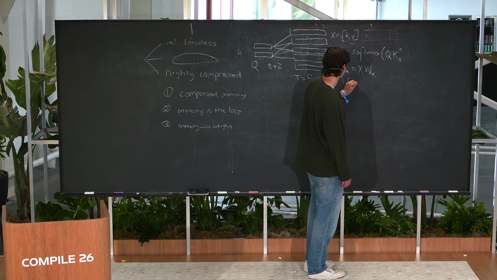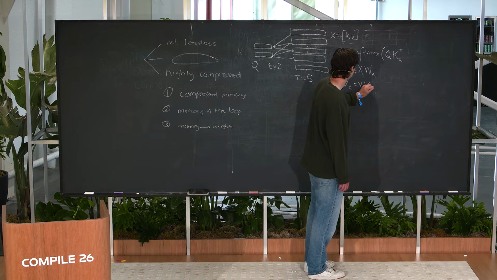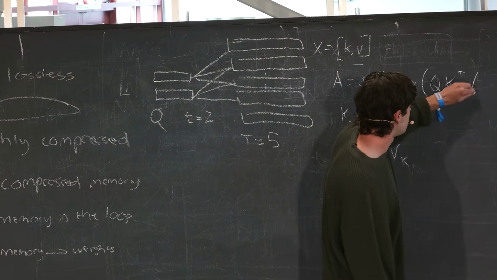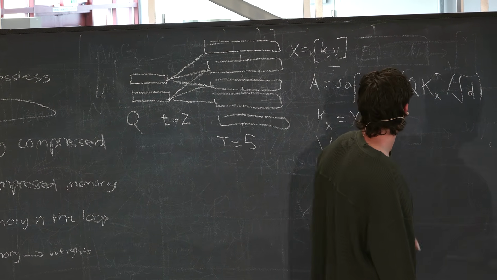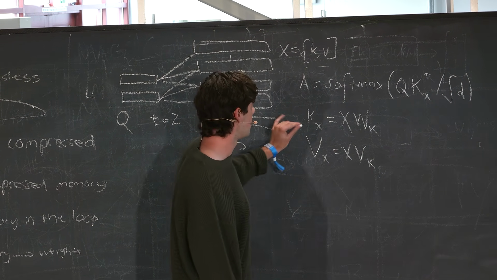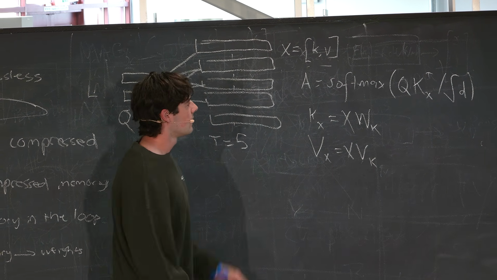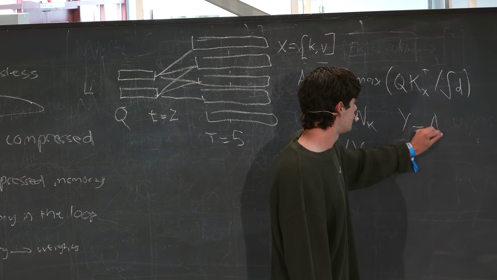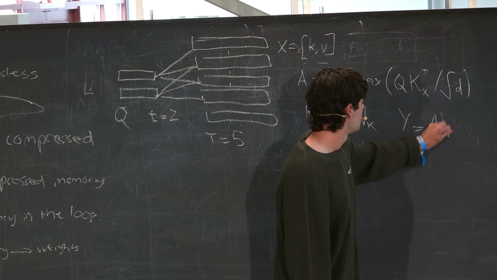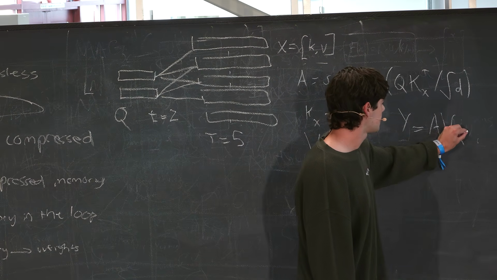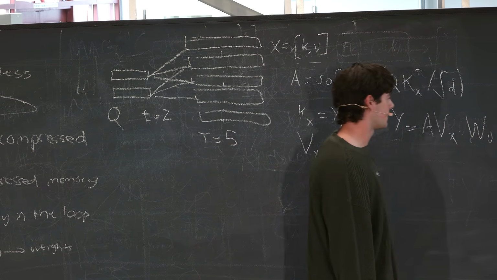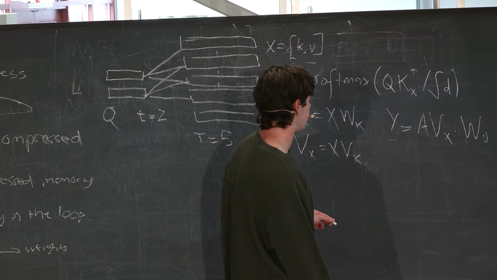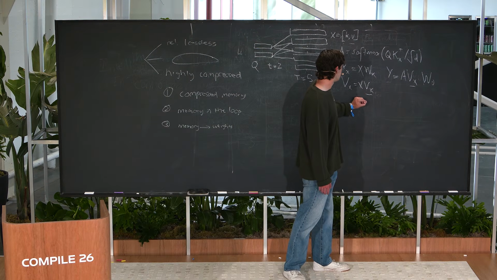Same with V. So I have an attention score over my queries. Then we can get the output by taking these attention scores, matrix multiplying with Vx, and then having some sort of output projection. So this is the attention that everyone knows and loves.